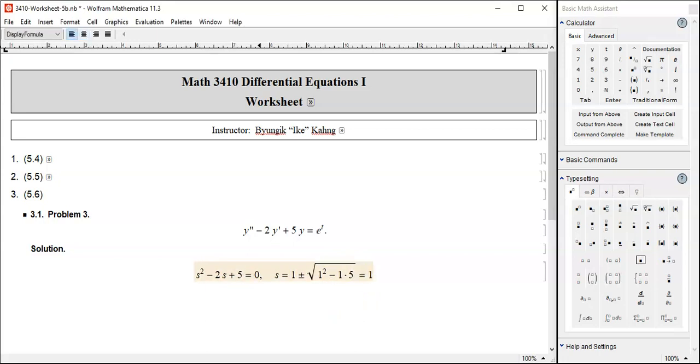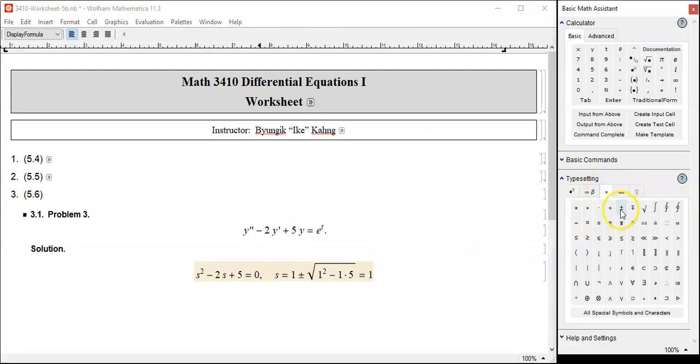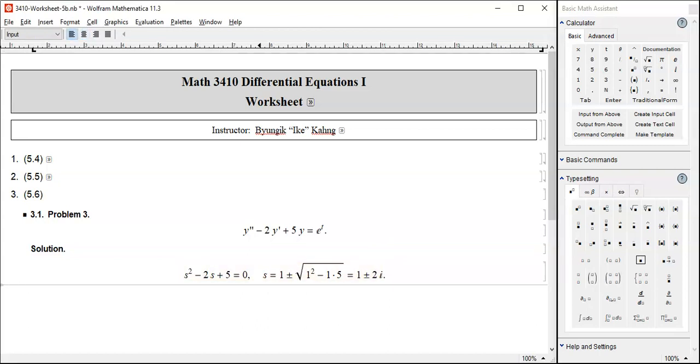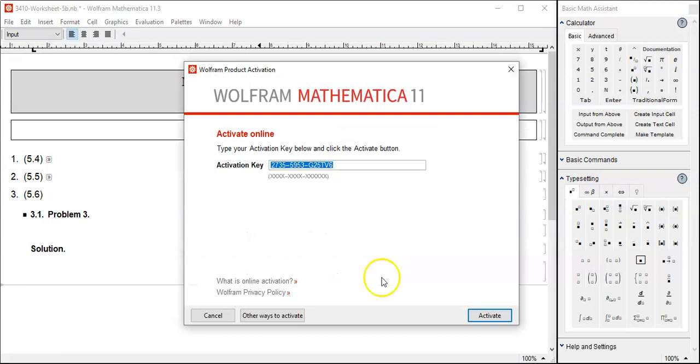So what do you get? 1 plus or minus the square root of negative 4, isn't it? Or the square root of 4i, or equivalently, plus or minus 2i. So we have these characteristic values.